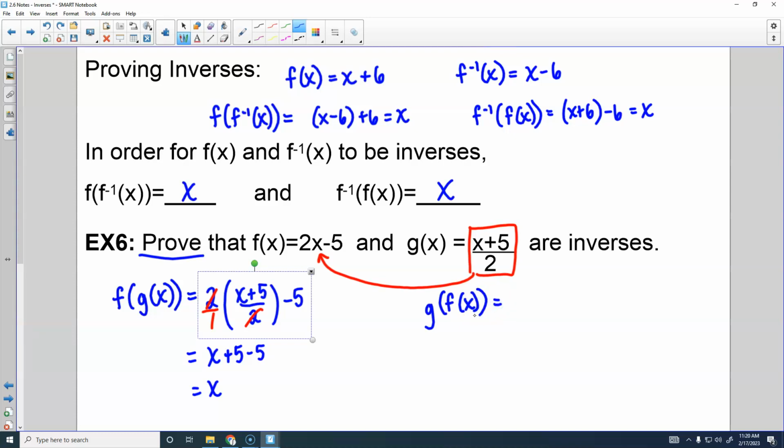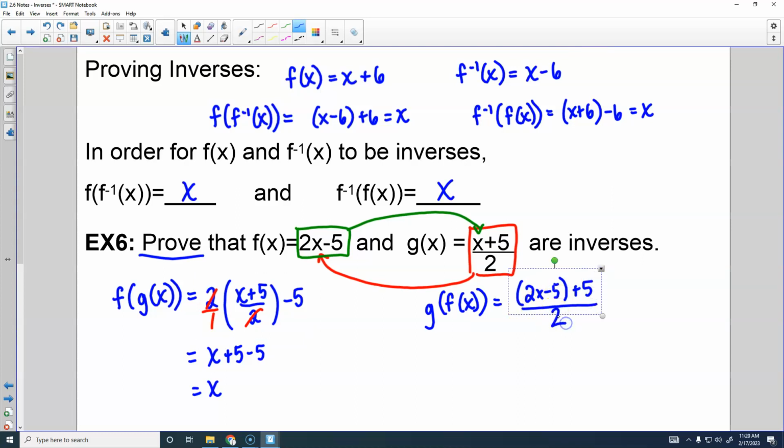So if I'm asking you to prove, you want to do f of g of x, you also want to do g of f of x. So g of f of x means we would take f of x and plug it in right here. So this time it would look like this, 2x minus 5 plus 5 over 2. What is going to cancel first this time?